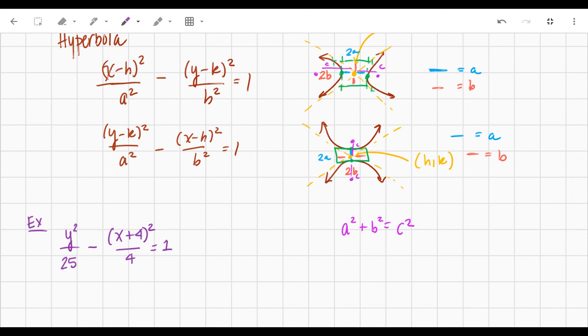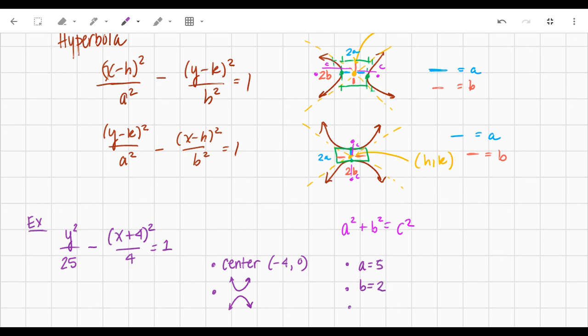First of all, we know that the center, since it's x plus 4, will be at (-4, 0). Since the y piece comes first, we know it's going to look like this. a always comes first. So we have the y squared over a squared, so a is 5. b is going to be 2.